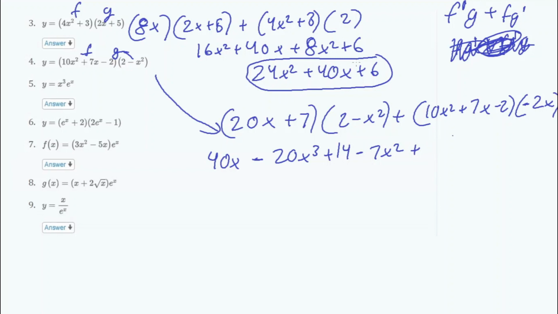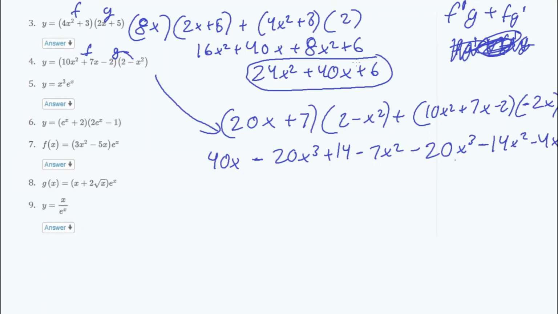And that's going to be plus, actually negative. Let me remove the addition sign. Yeah, negative right there. We have 10x squared times negative 2x. It's going to be negative 20x cubed, and then minus 14x squared, and minus 4x. And now we have a lot of things, so we want to combine like terms here.